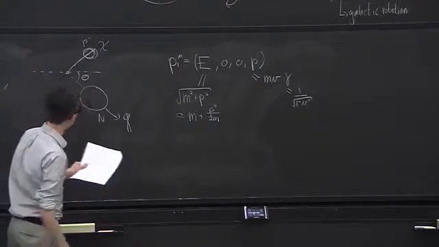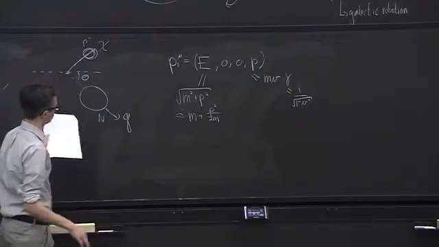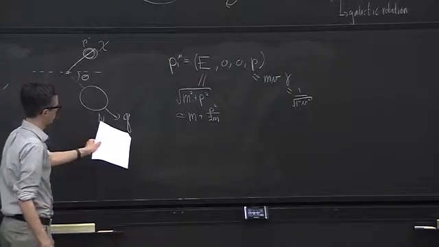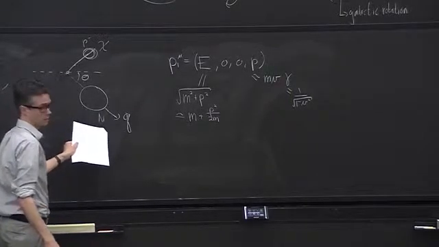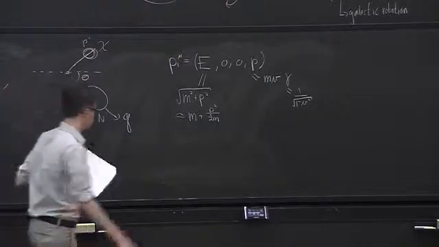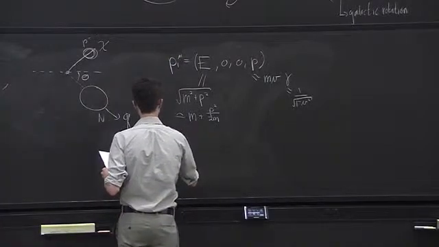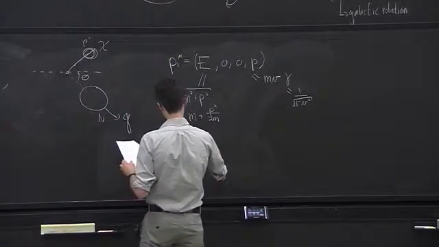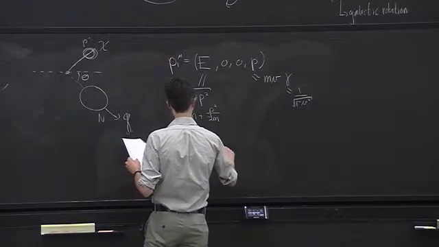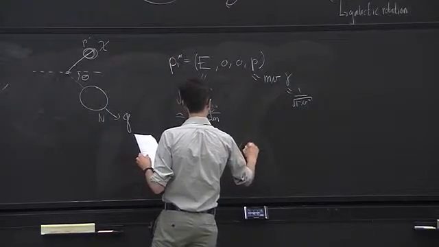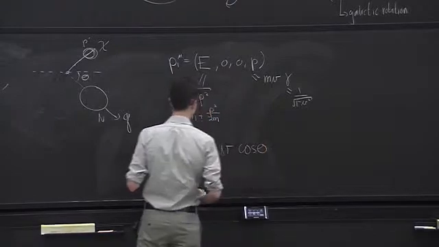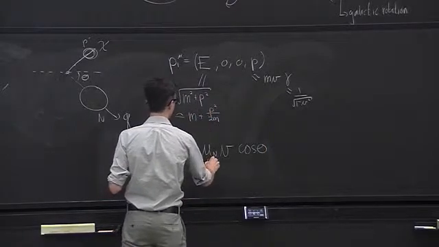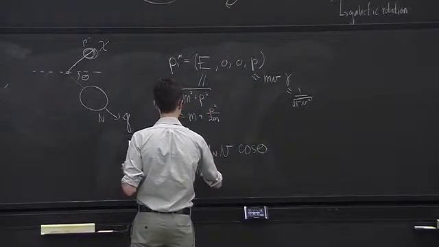And when you do that and you impose energy momentum conservation, you solve for the q, the momentum of the recoiling nucleus. This is the thing you actually measure. What you find is that q is just equal to 2 times mu_n v cosine theta, where mu_n is the nucleus dark matter reduced mass.